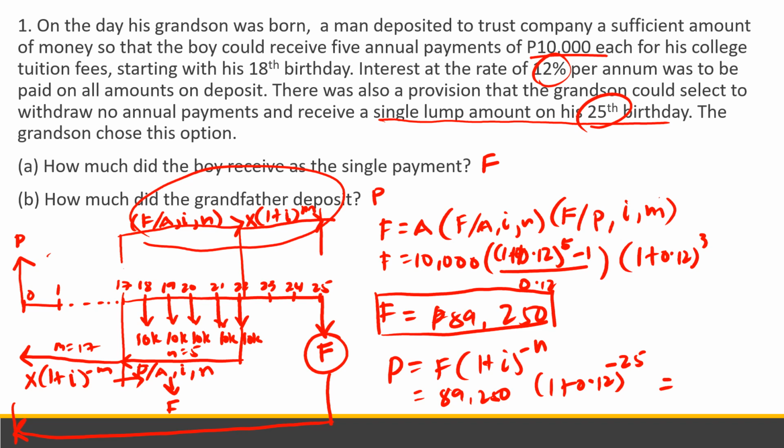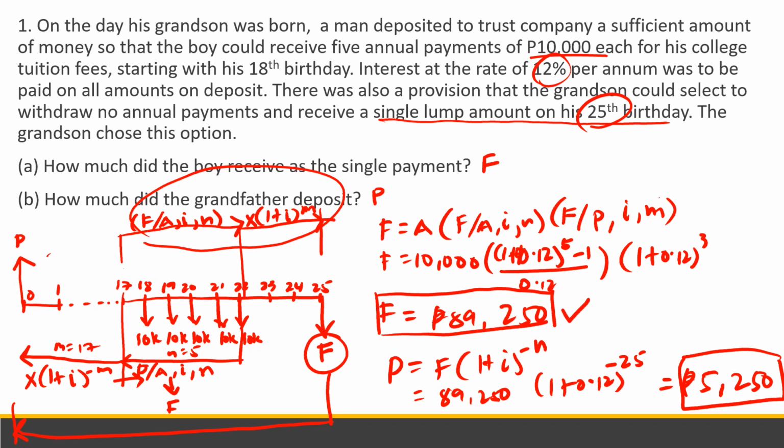So, P or the amount na dineposit ng grandfather is 5,250 pesos only. So, yung 5,250 naging 89,250 after 5 years.